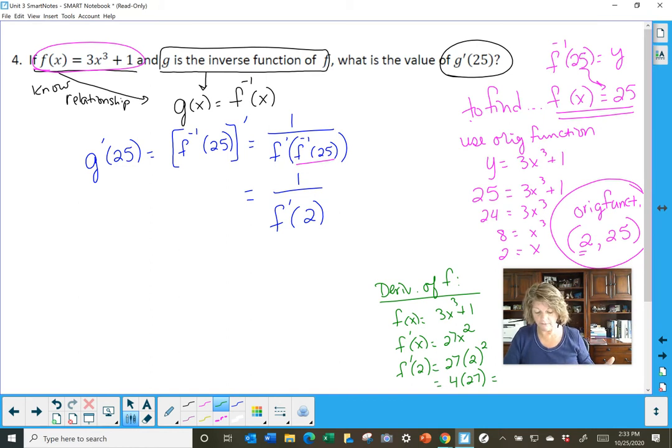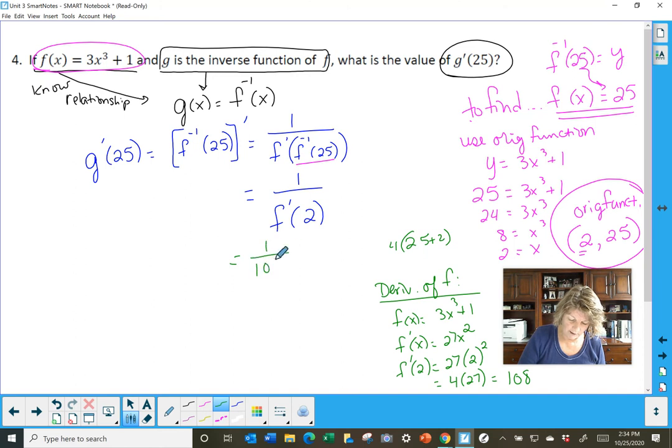Well, 4 times 25 is 100, and 2 times 4 is 8. I'm thinking it's 108. Hopefully that's right. If I'm off, I'm off.